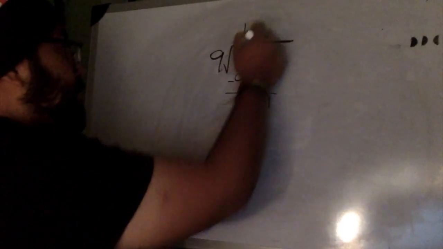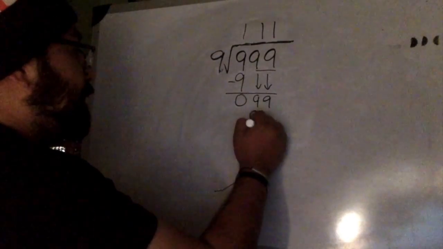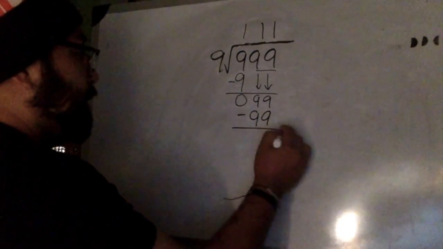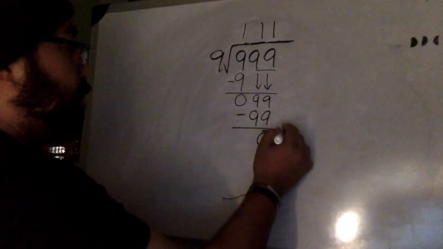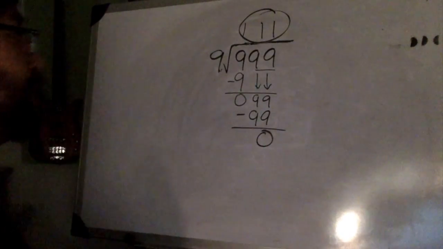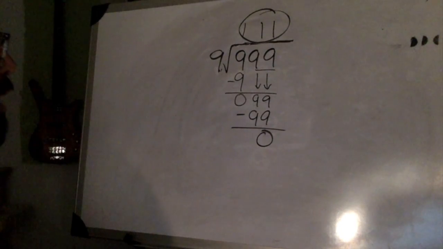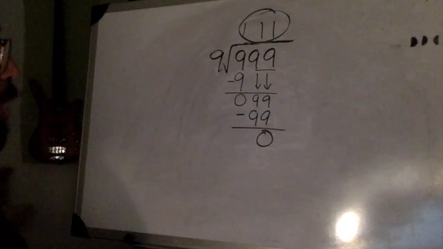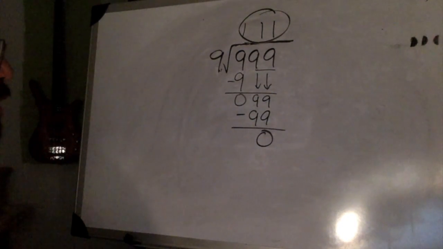Because 9 times 11 equals 99. 99 minus 99 equals 0. We have no more to drop, and we have 111 with no remainder. This helped us skip one step. Now, in this case, it seems very, very minute. However, once you start getting into different kinds of problems in division, it could really help you. Let's keep going.